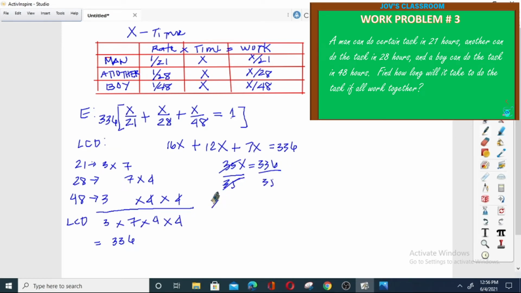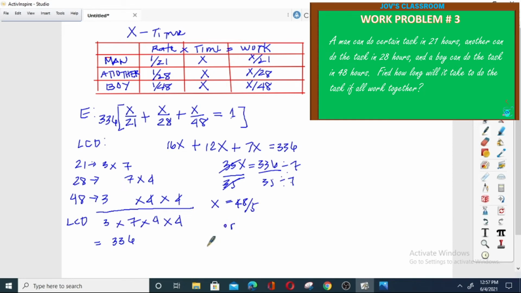The value of x is equal to 48 over 5, because if you divide this by the common factor 7, you get 48 over 5.